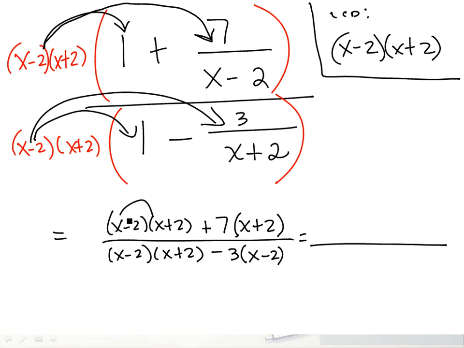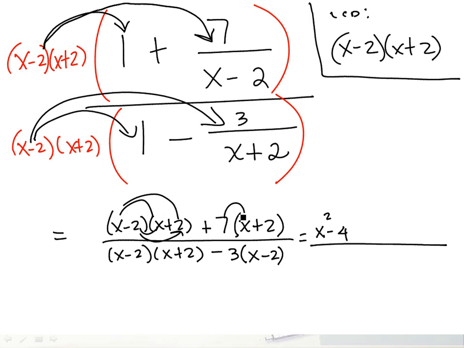Alright, so x minus 2 times x plus 2. Now you should go ahead and FOIL all of this out and tell me what you get. So you can pause now and tell me what you get when you multiply x minus 2 times x plus 2. Now if you're really good, you would have noticed that this is a difference of squares, so the answer should just end up being x squared minus 4.